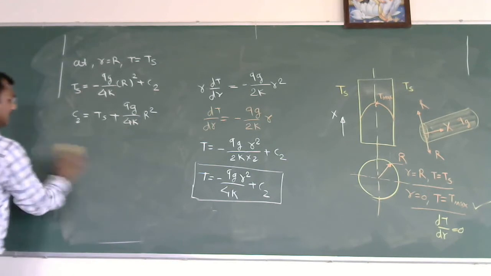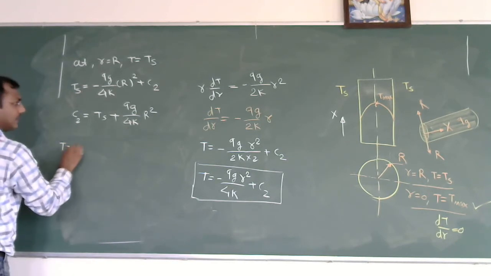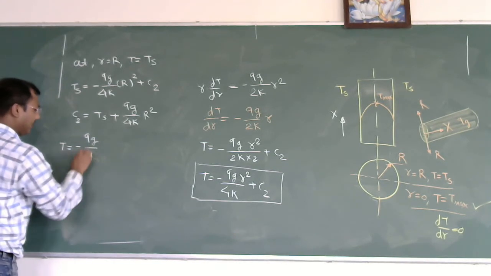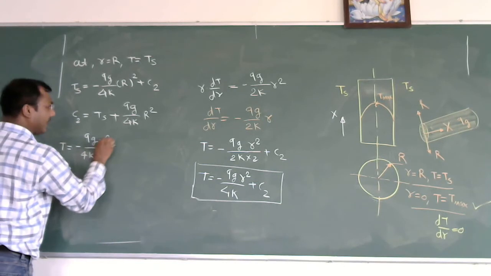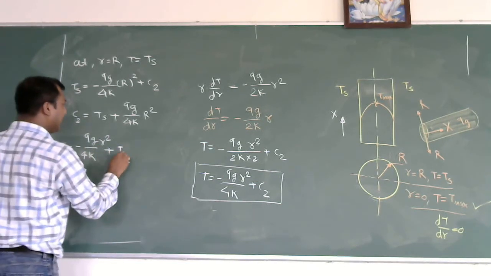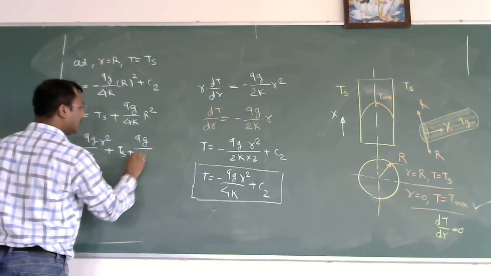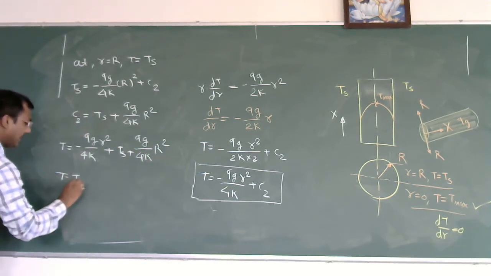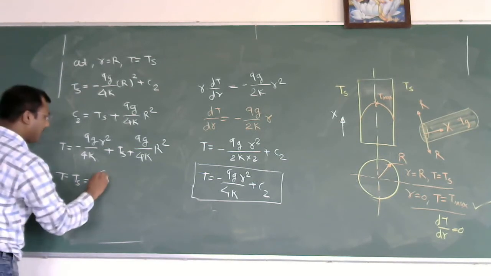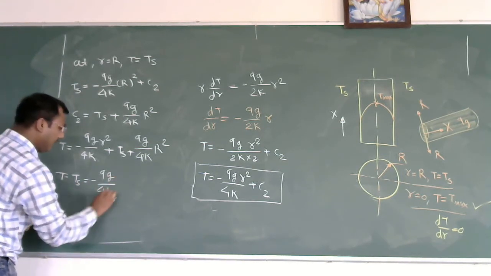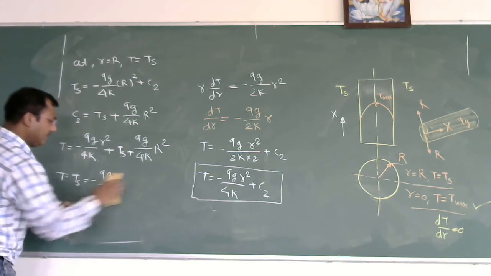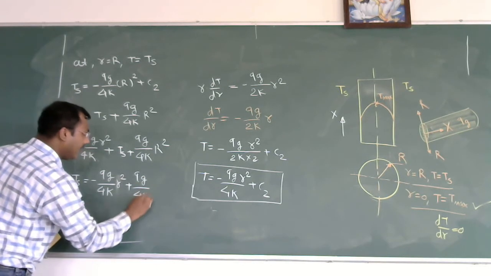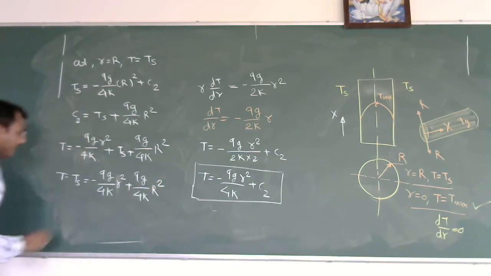So if I put this in the general equation, T is equal to minus Qg by 4k r square plus C2, meaning Ts plus Qg by 4k into capital R square. So I am getting T minus Ts is equal to minus Qg by 4k r square plus Qg by 4k into capital R square.